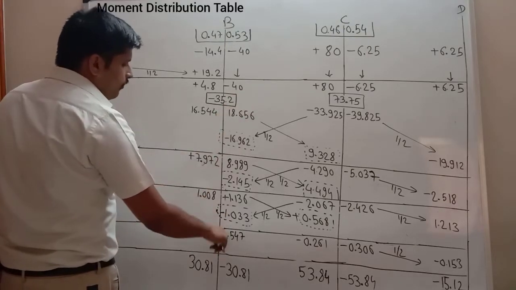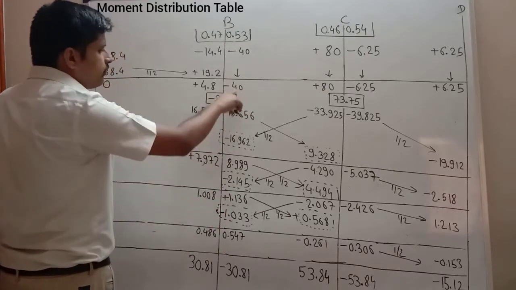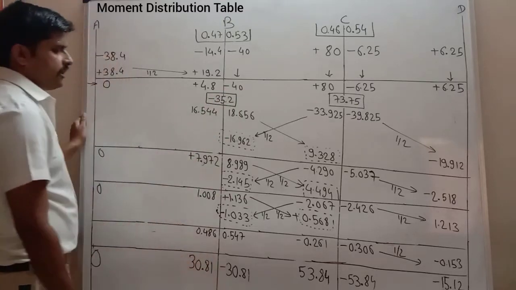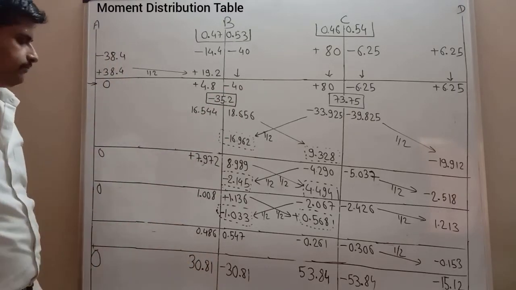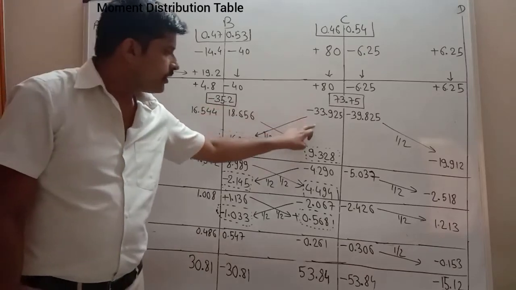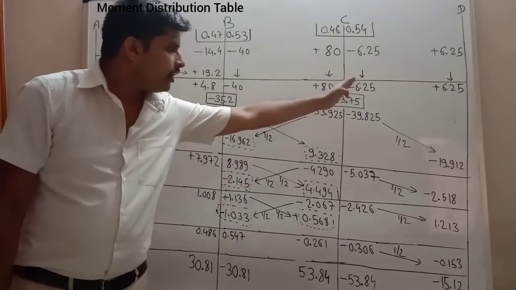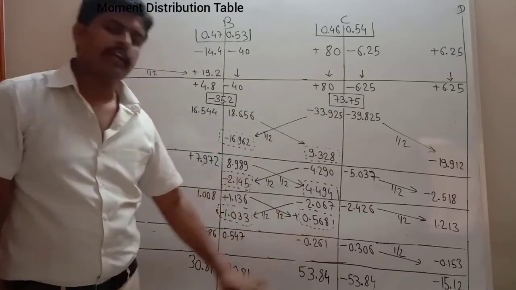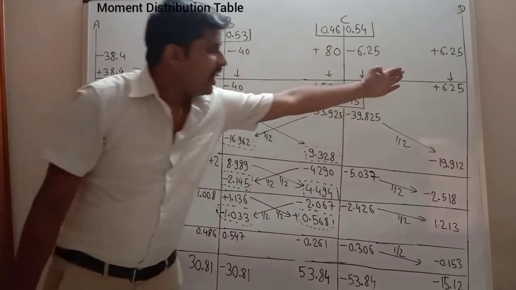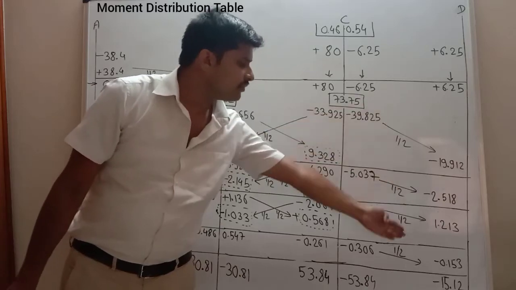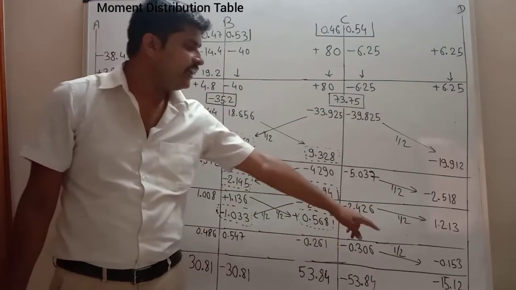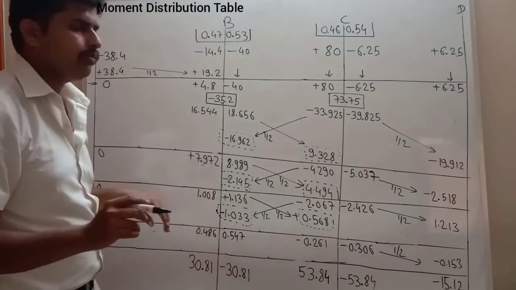After summation of all the moments we will get minus 13.81. After summation we will get 53.84. After summation we will get minus 53.84, and after addition of all the moments we will get the final end moment at joint D as minus 15.52.